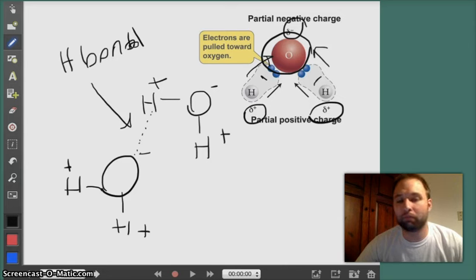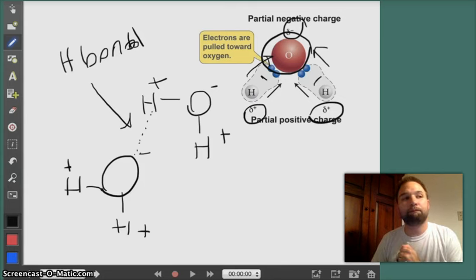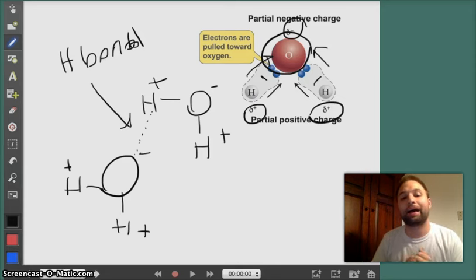It's important for maintaining homeostasis. It's important for water flowing through organisms. It's important to make ice float on top of water. And in the next video we're going to talk about what exactly this means in terms of the actual characteristics that are formed as these hydrogen bonds form.